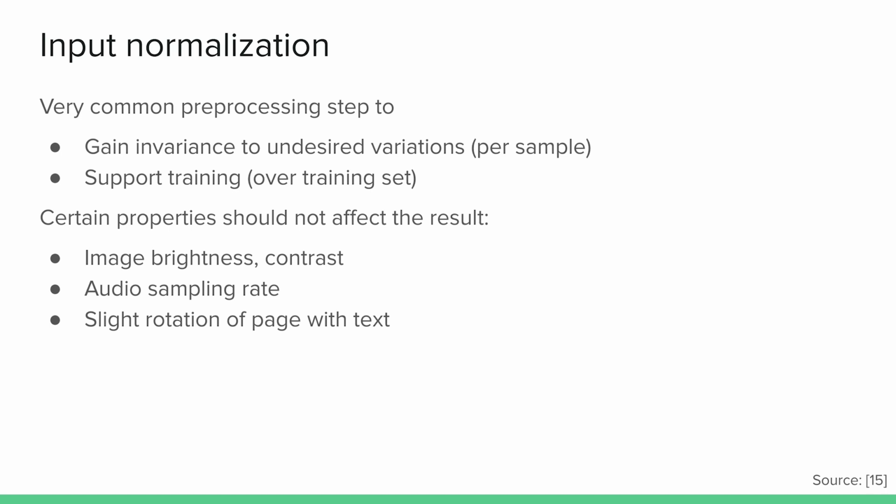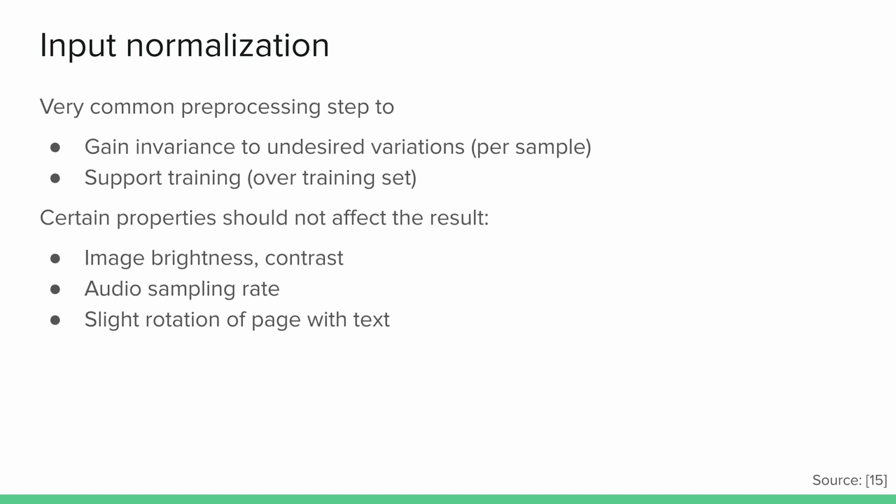Another example would be the audio sampling rate if you work in the audio domain. Think about it. If you sample your input with completely different rates and then just feed those to the network, it might look as if someone was talking much faster or slower, which is not at all related to the content that is being recorded in that audio. And finally, if you rotate a page with text, it definitely should not change the content that is written on that page.